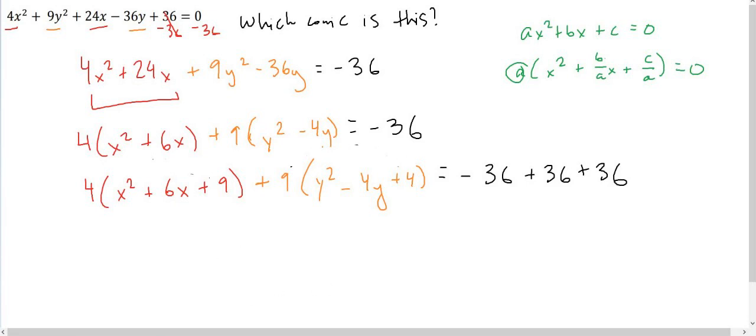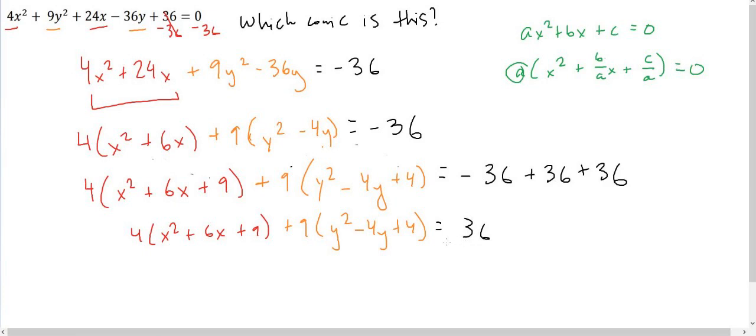So if we write this out again, we have 4 times x squared plus 6x plus 9 plus 9 times y squared minus 4y plus 4, and all of this equals this stuff over here. So negative 36 plus 36, that's just going to get us back to 0, and then 0 plus 36 is going to be 36. So we have just a 36 over here.